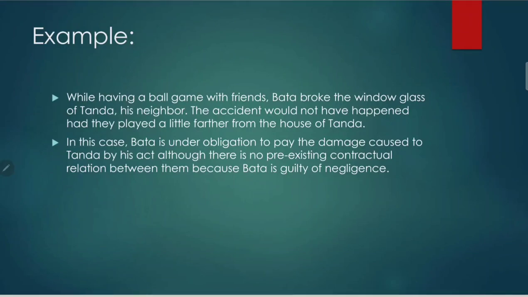Hindi sila nag-agree prior sa pagkabasag ng window ni Tanda na Bata will pay kung magkaroon ng damage sa window or any property ni Tanda. And so, this case qualifies as a case of a quasi-delict or torts, and dahil may quasi-delict, may tort, nagkaroon ngayon ng obligation on the part of Bata to pay the damage caused to Tanda by his act committed.